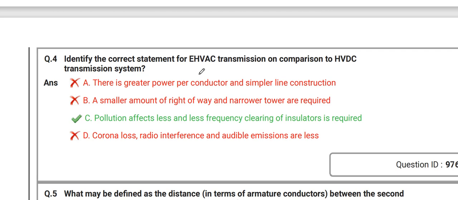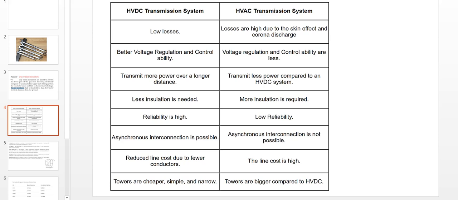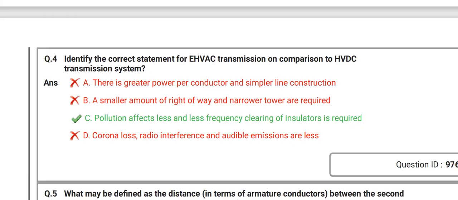This is the next question. Identify the correct statement for extra high voltage AC transmission in comparison to HVDC transmission system. Okay, so there are some points I took on HVDC and HVAC transmission systems. You can read both sides' points of the difference between HVDC and HVAC. Okay, and in this question, pollution affects less and less frequent cleaning of insulators is required in HVAC system.